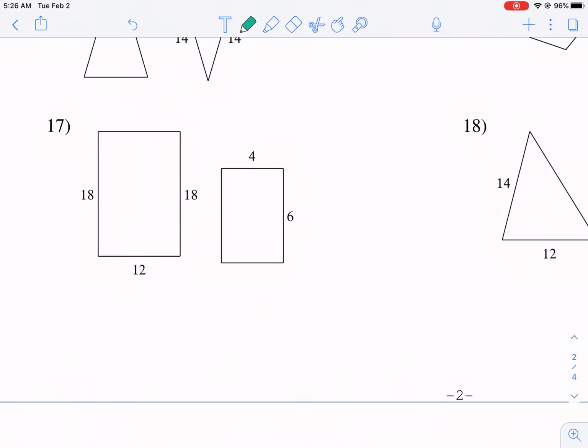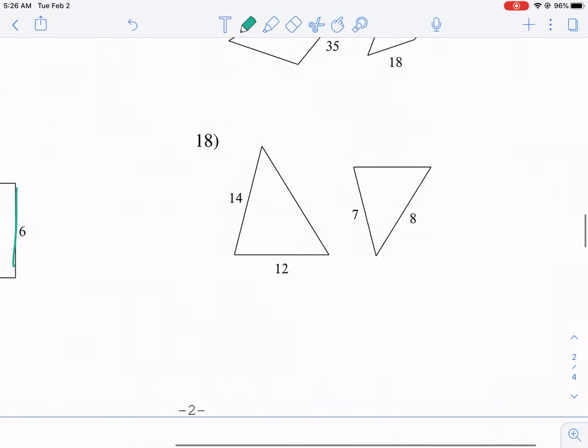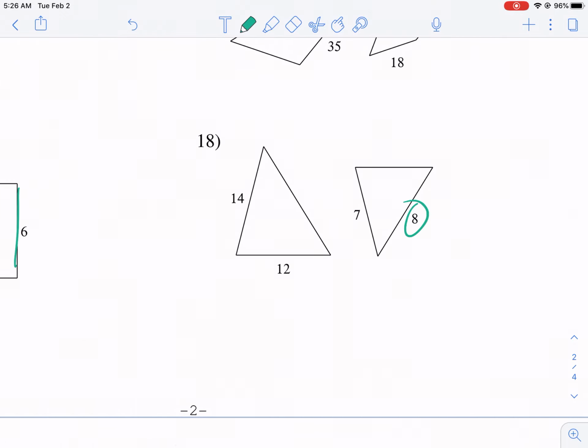This is the longest side of the big rectangle, so we're 18. The longest side of the small rectangle is 6, so this is going to be 3, or 3 to 1. And then this one, we choose the biggest side here, so 14 over 8, or 12 over 7.